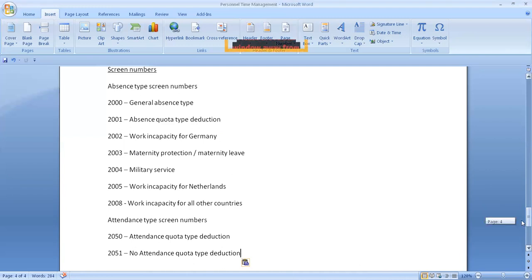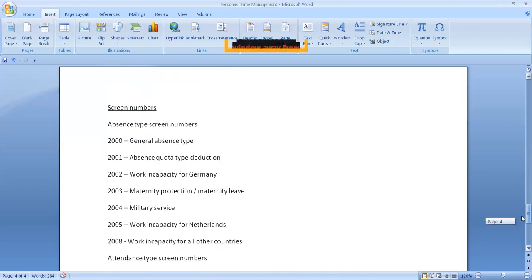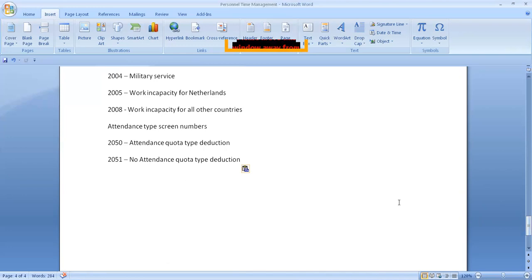This is something you have to remember. Another thing you can remember is time constraint. You already know about time constraints. We have used time constraints in the PA module and in the OM module.